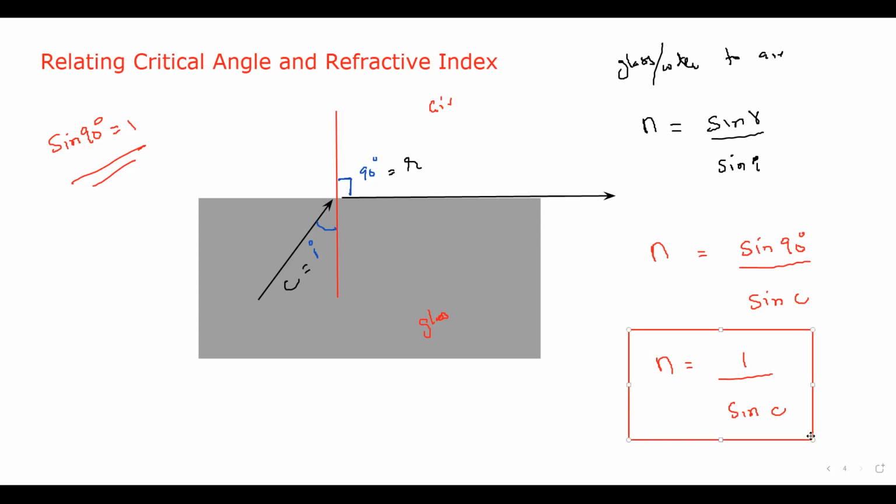So the formula which relates the critical angle and the refractive index is n equals 1 over sine c, where n is the refractive index, the ability of the medium to bend the light, and c is the critical angle. Is it clear? This is a very important formula. You have to learn it, because sometimes they give you the refractive index and ask for the critical angle, and sometimes they give you the critical angle and ask for the refractive index.